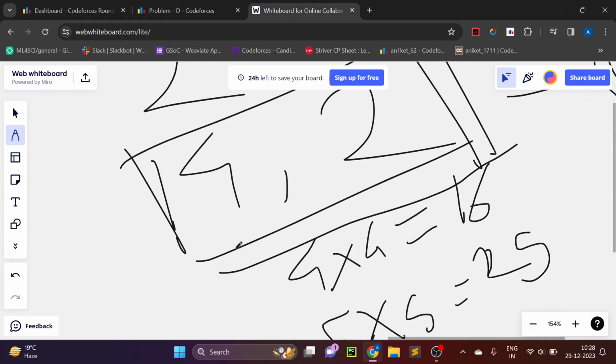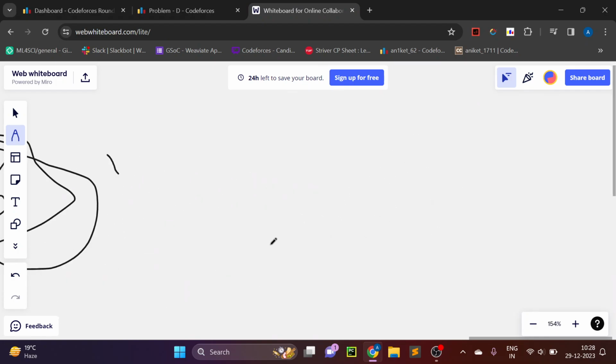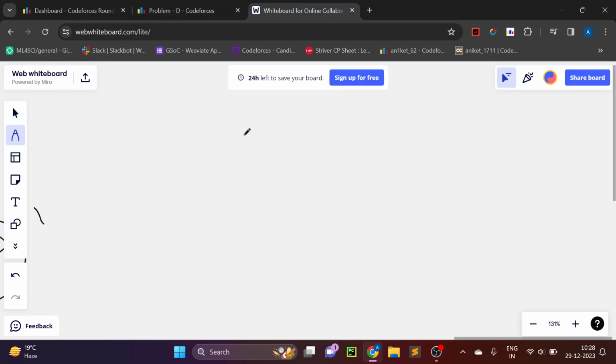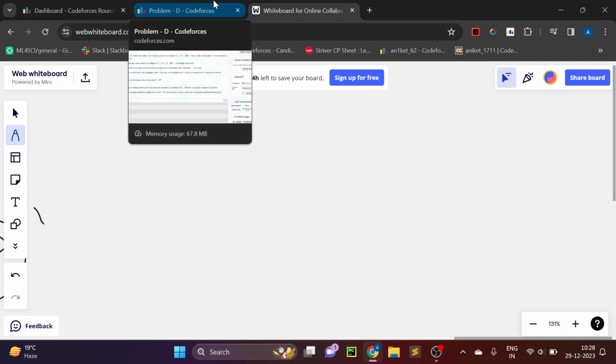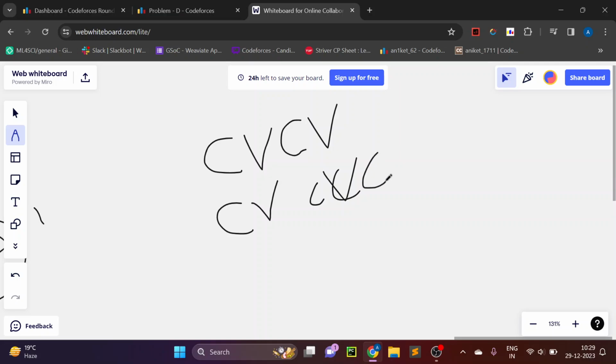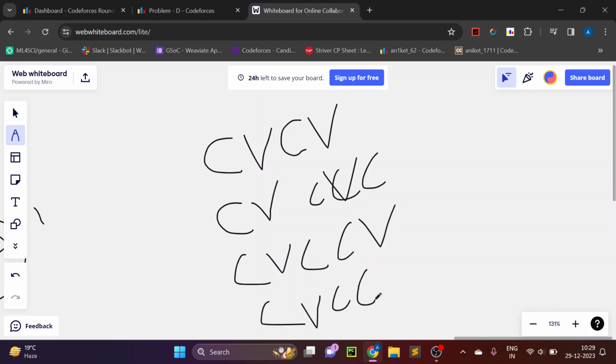Now here there is one important observation. Let's see what the possible combinations of two consecutive syllables are. It is either CV followed by CV, then CV followed by CVC, then CVC followed by CV, and CVC followed by CVC.